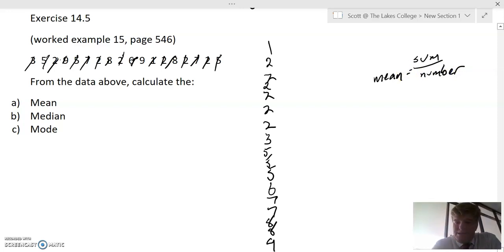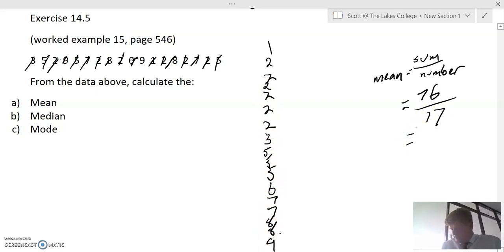Let's see how well we go. 1, 2, 3, 4, 5, 6, 7, 8, 9, 10, 11, 12, 13, 16, 15 makes 31, 37, and 14 makes 51, and 16 makes 67, and 9 makes 76. So it's going to be 76 divided by 1, 2, 3, 4, 5, 6, 7, 8, 9, 10, 11, 12, 13, 14, 15, 16, 17.